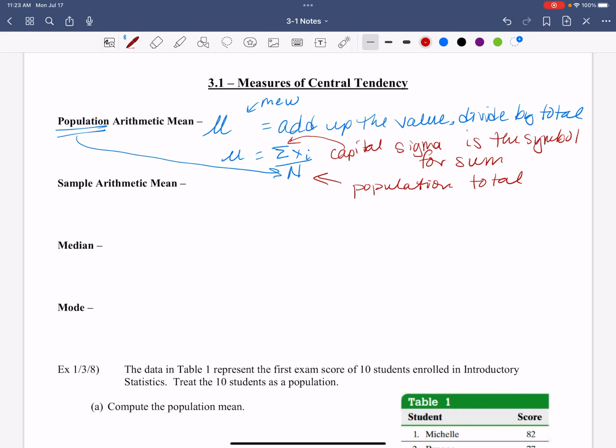Right? Okay. So if I want a sample arithmetic mean, it's that same type of situation here, except my symbol here is X bar. So it's called X bar. I'm going to put this up here in parentheses so you know it's just a word. So you have X bar, and same thing, add up the values, divide by the total.